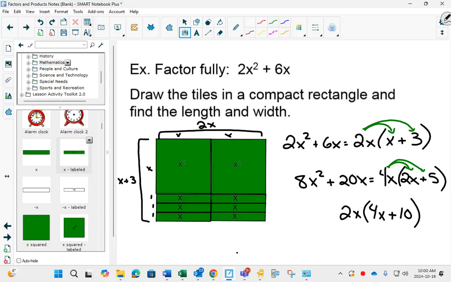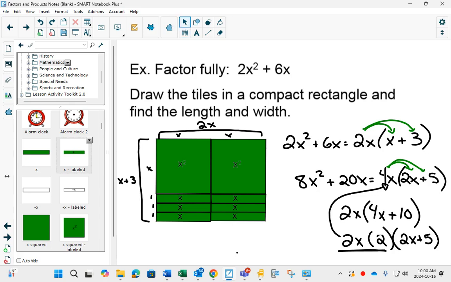There is still something in common on the inside. What's in common with the 4 and the 10? You could still pull out another 2, leaving you with 2x plus 5, and then this 2 and this 2x is the same as 4x, but we do want to see that greatest common factor first if we can.